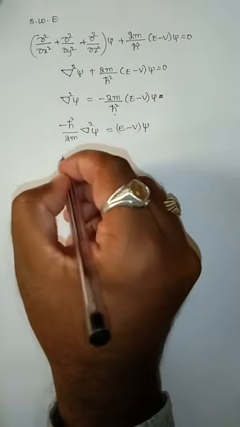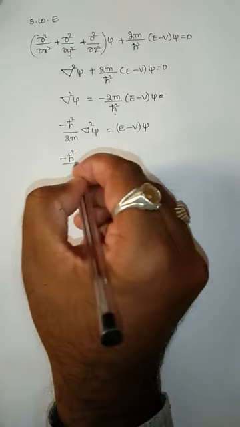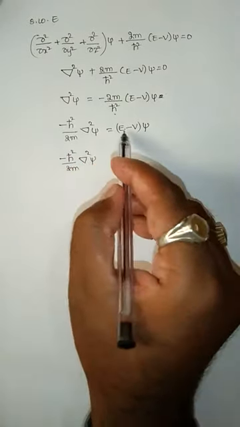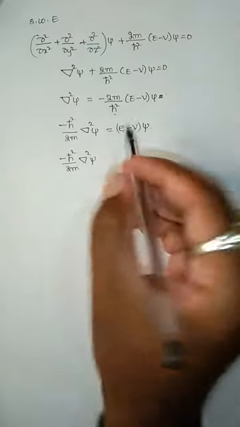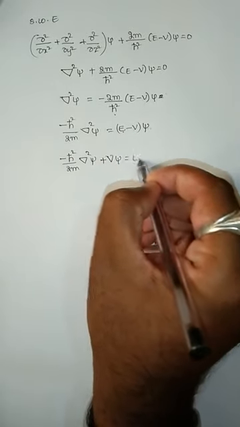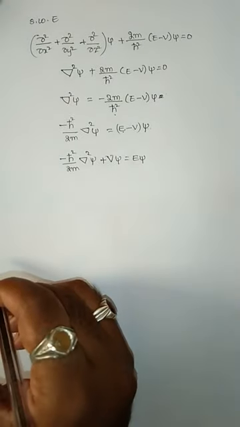So we shall do the multiplication: −(ħ²/2m)∇²ψ equals Eψ minus Vψ. The Vψ can be taken to the left hand side, that equals Eψ.